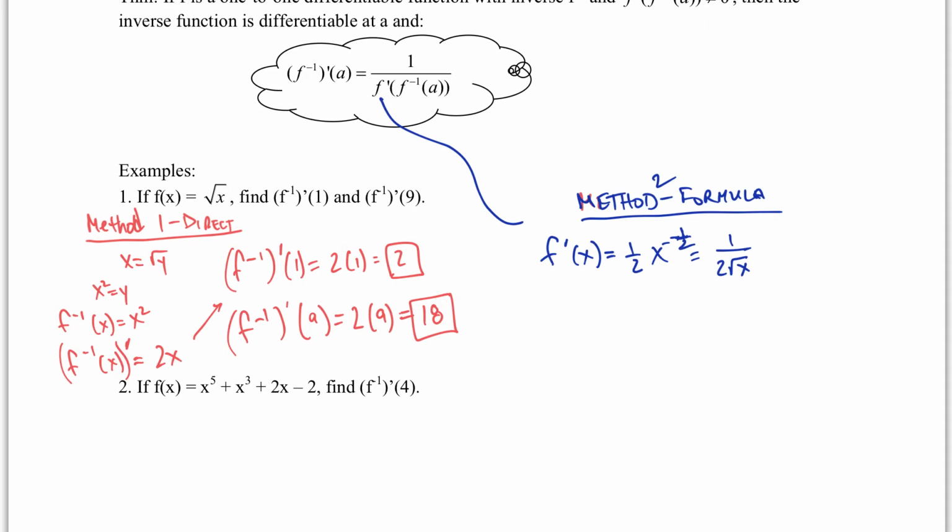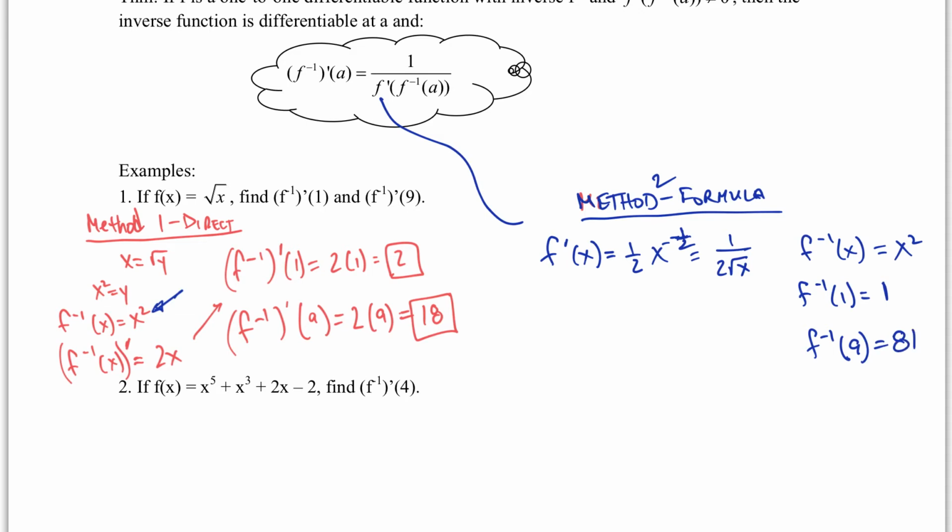That's what I'm solving for, but I already did that over here and solved for it completely, so I'm just going to write in what I solved for. So now I need the inverse at 1. I plug this in and I get 1. I need the inverse at 9, and I plug this in and I get 81.